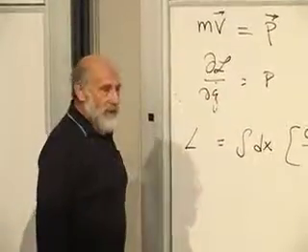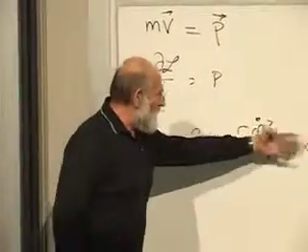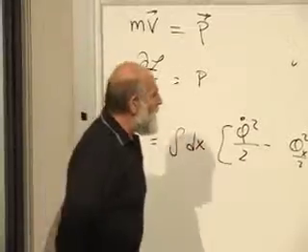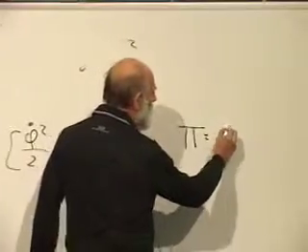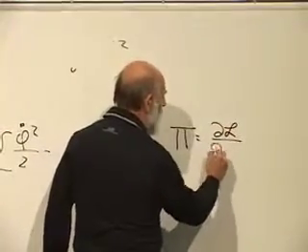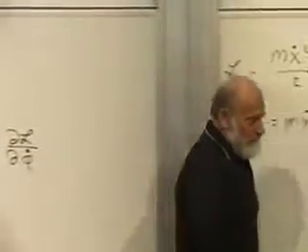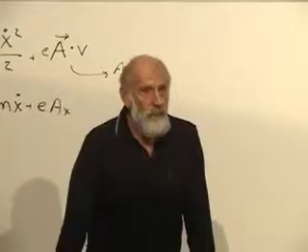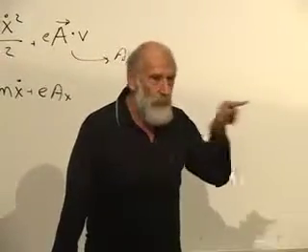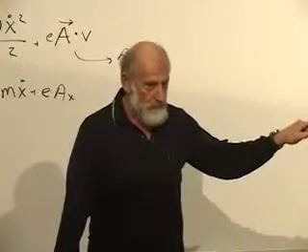Pi is like p, except we're using Greek letters now instead of Latin letters. Pi is equal to the derivative of the Lagrange density with respect to phi dot. All right, so it's field momentum. It should not be confused with the kind of momentum which, when it hits you, knocks you in some direction.